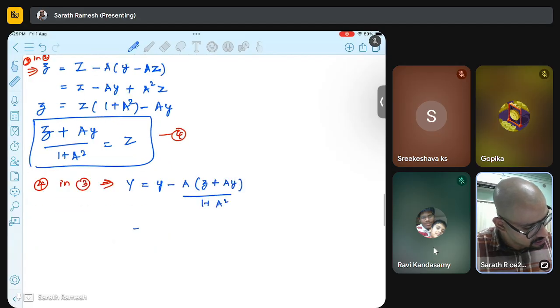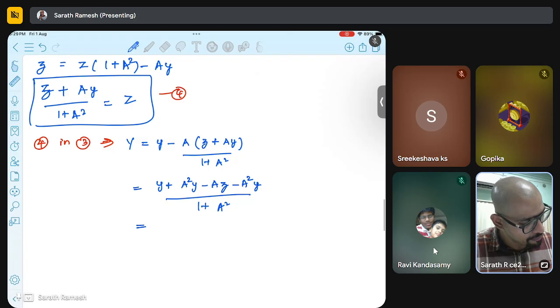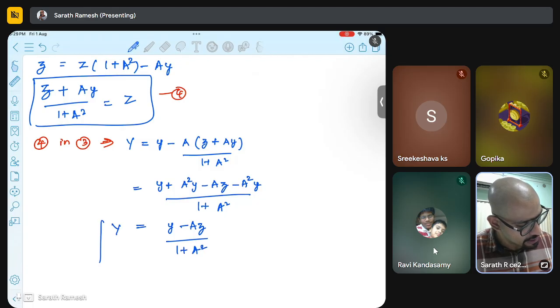So this is equal to y plus A square y minus AZ minus A square y, all divided by 1 plus A square. A square y minus A square y cancel. So capital Y equals y minus AZ divided by 1 plus A square. So this is capital Y, done.